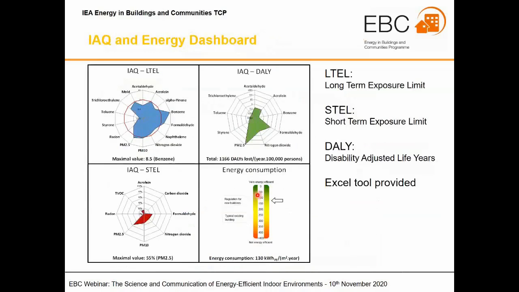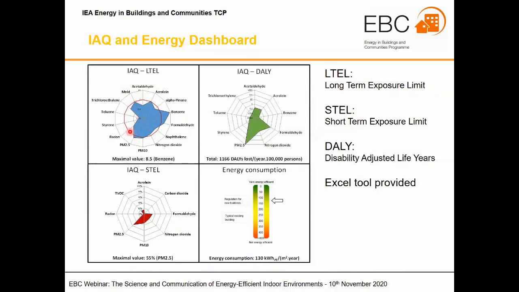And here's how it comes. We call it a dashboard, but we are looking at some groupings of the measures. So one is for long-term exposures. There are some exposure limit values for long-term exposures, and then for each of these interesting pollutants we are looking at, many of them are VOCs, so volatile organic compounds, but also others like mold and particulate matter, we listed them on a relative scale compared to the exposure limit.